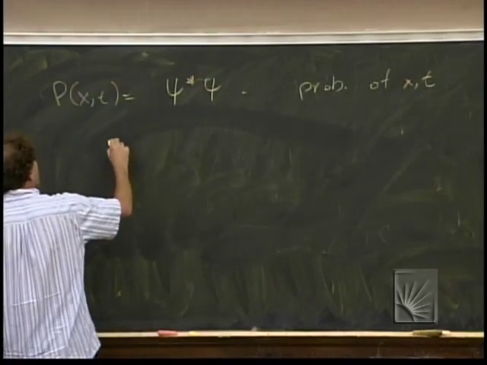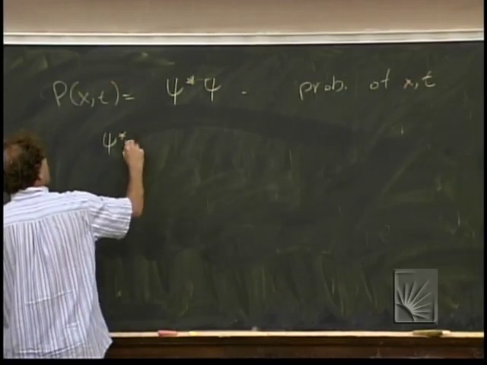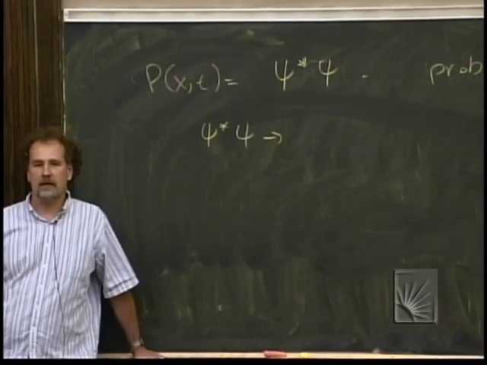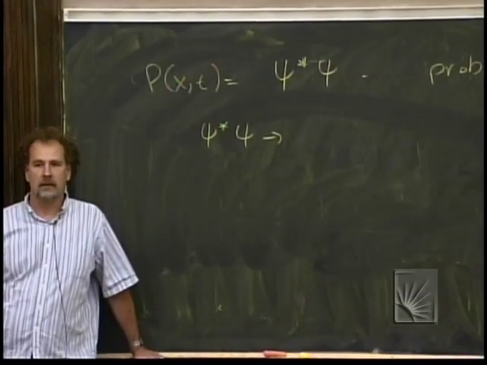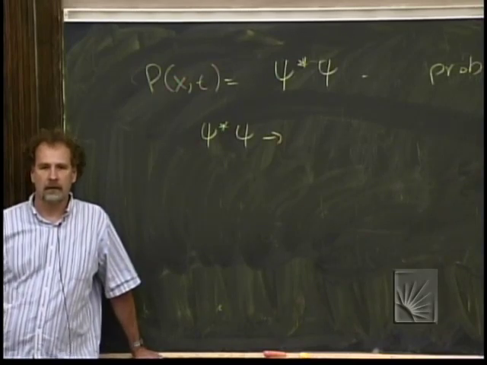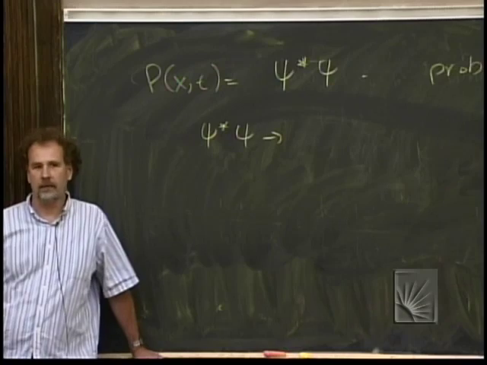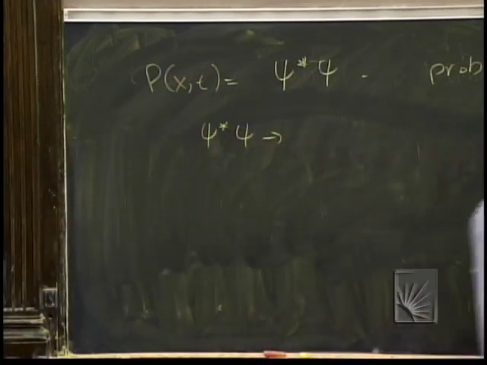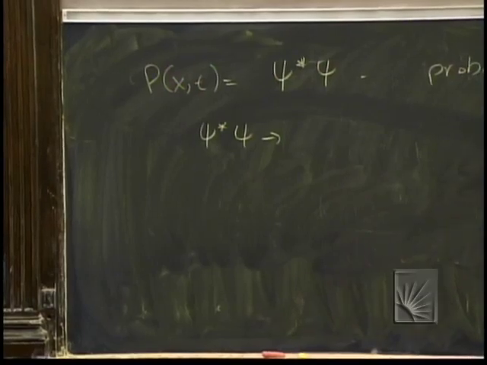One thing to note, though, is that psi star psi, in terms of a complex number, is that complex? Is it real or imaginary or both, or you don't know? So remember that, and I kind of mentioned this, but let me just say it again.